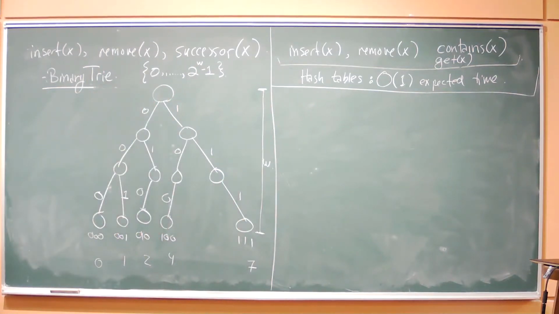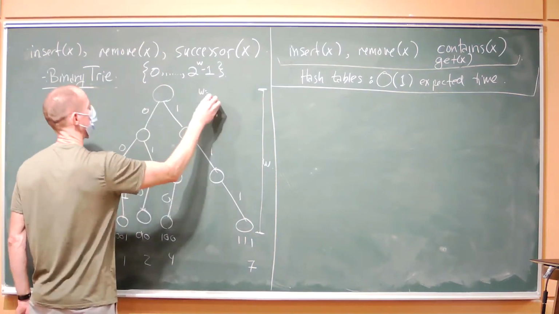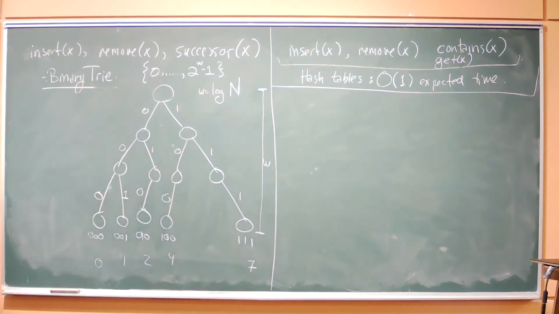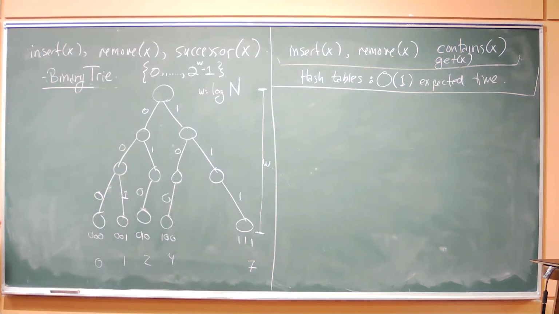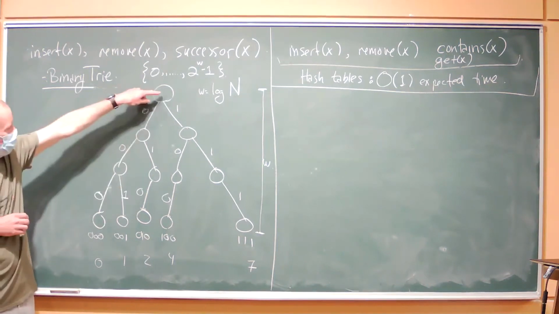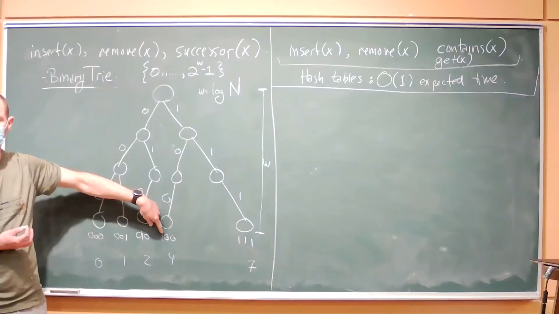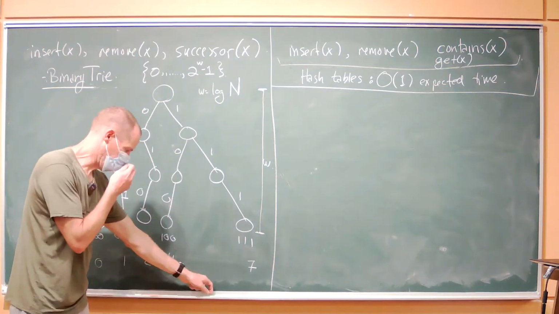Another way to look at it, what's w? w is also log of the thing that we used to call N. So it's a tree of height log N. And if it stores some integer, then there is a path in the tree from the root to a leaf that stores that integer. I mean, that path represents that integer.